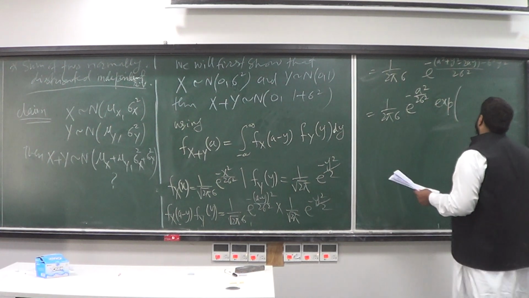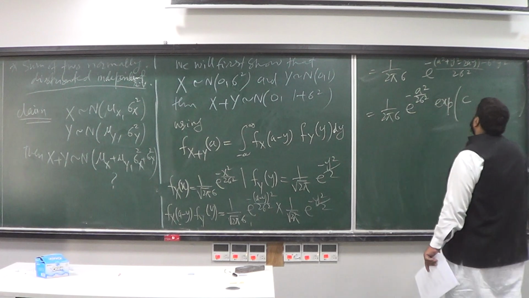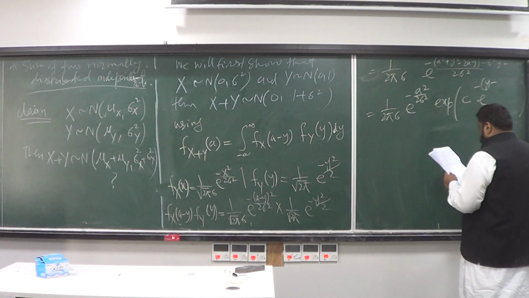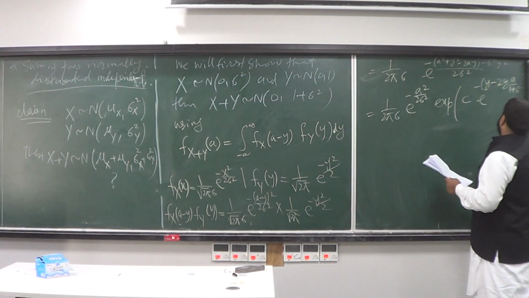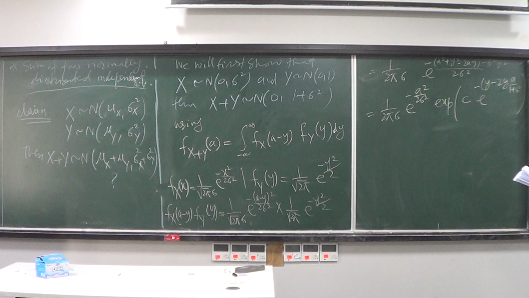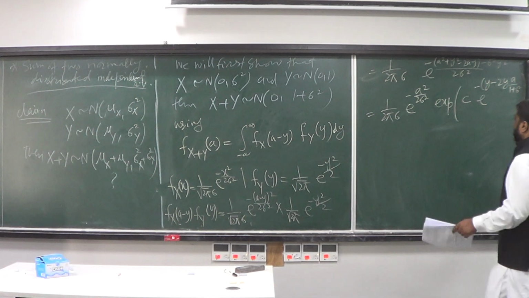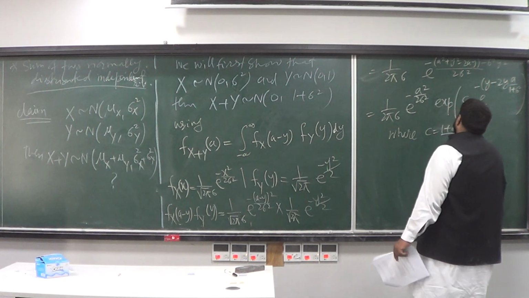then the exponential, let me write it as an exponential so that I can write things more conveniently, times c, e to the minus c times (y square minus 2ya over 1 plus sigma square), where c is 1 plus sigma square over 2 sigma square.